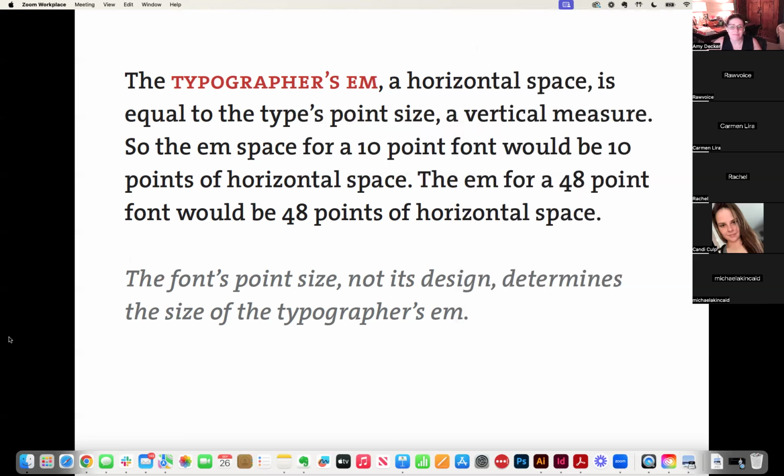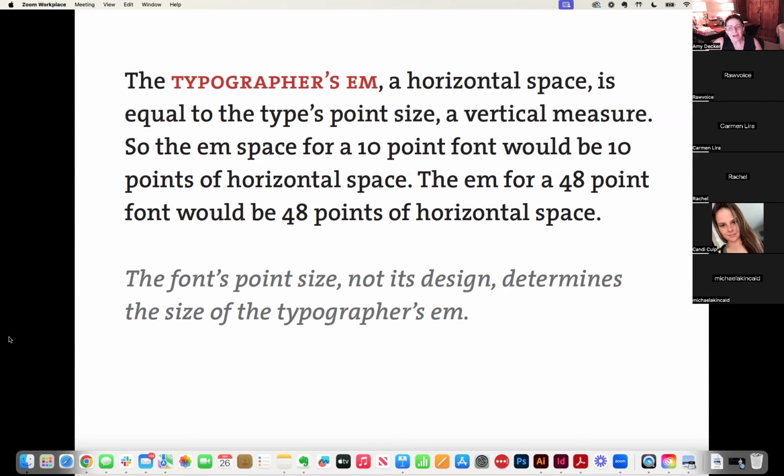The typographer's M. This is how we measure type. There's something I'd like to share with you about how type is measured. We have point sizes. Every type has a point size. We've talked about how different typefaces that have the same point size have different X heights. So how do we get to that?